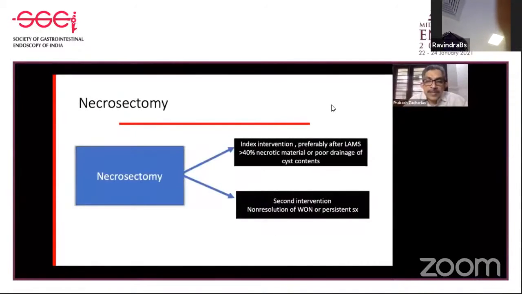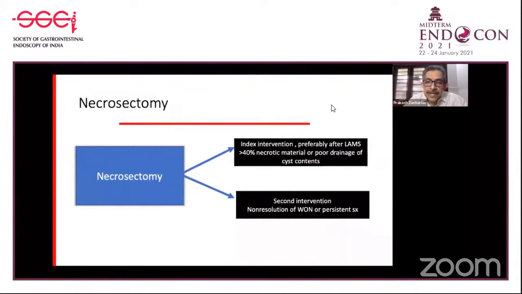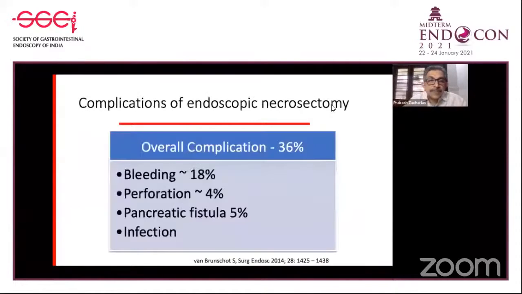The necrosectomy can be done at the time of the index intervention, especially if placing a LAMS and if there is more than 40% necrotic material or poor drainage of cyst contents. It can be done as a second intervention if there is non-resolution of walled-off necrosis or persistent symptoms.